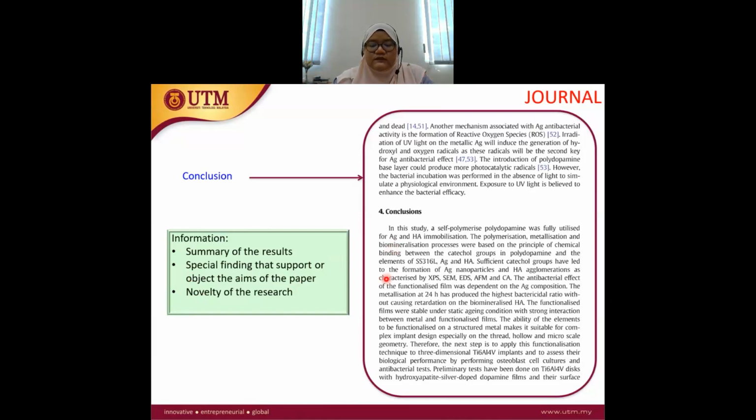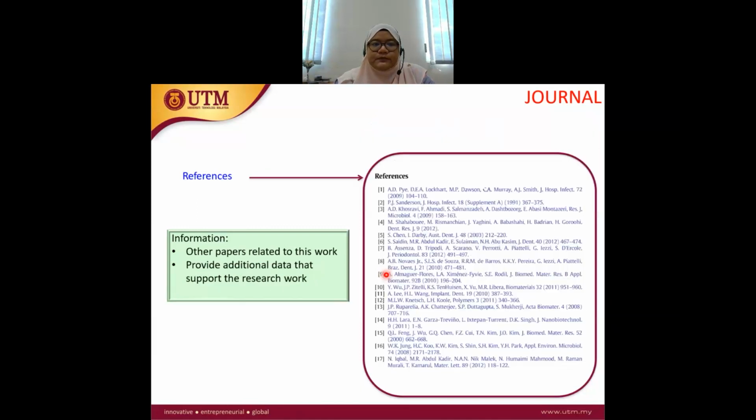So when you are searching the literature review in a journal article, first you skim the abstract, and then go straight to the conclusion. If the journal article is suitable, then you can use it for your literature review. These are the list of references in the paper.